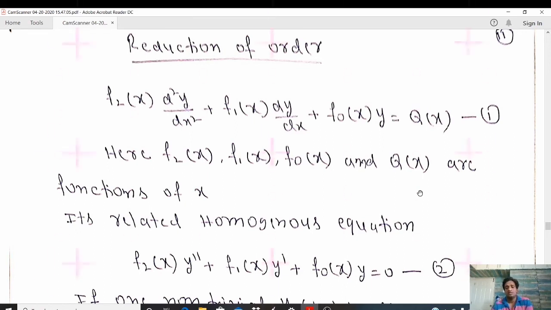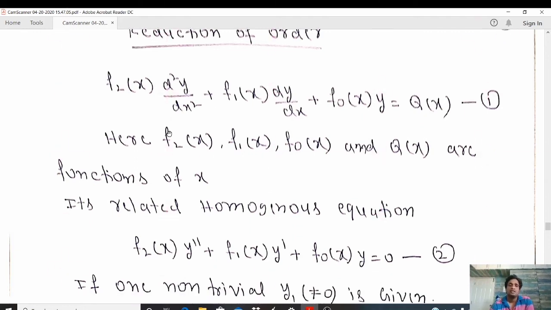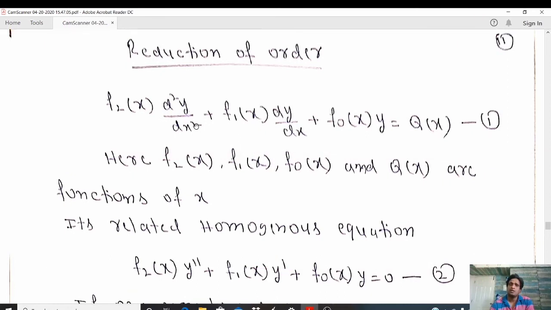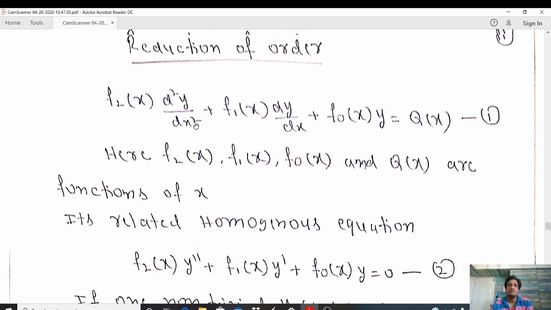Today we just derive the formula for reduction of order, and in the next class we will do some problems related to reduction of order. So for reduction of order, the differential equation is in the form f2 of x d square y by dx square plus f1 of x dy by dx plus f0 of x into y is equal to q of x.